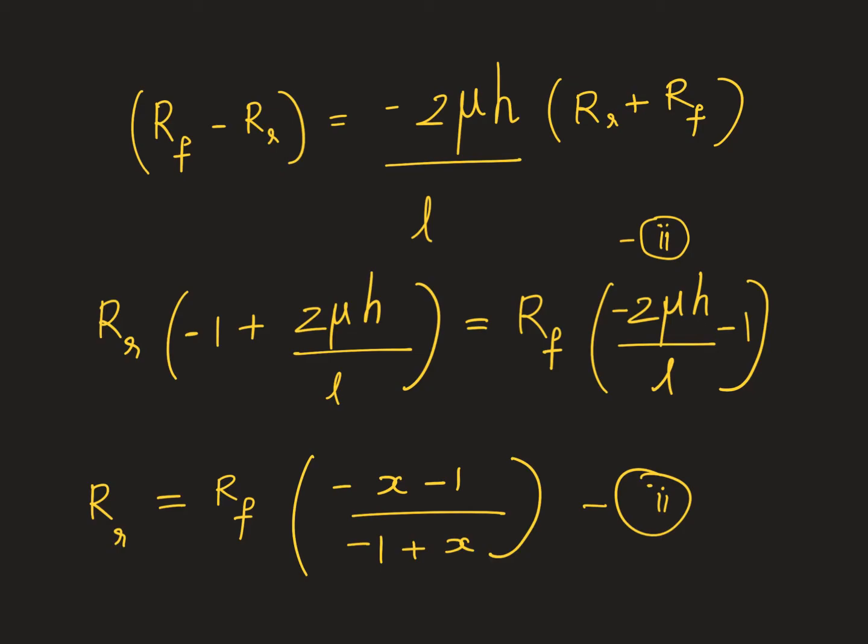I'm introducing a new parameter here, little x, which is equal to 2 mu h divided by L, where mu is the coefficient of friction, h is the vertical distance from the ground to the vehicle CG, and L is the distance between the wheels.